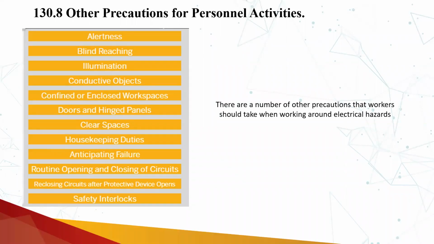Anticipating failure is related to a qualified person: when he is interacting with any electrical equipment, he should anticipate what could go wrong. He should know about the condition of the asset, and when the asset was maintained, whether the asset was maintained over a period of time or not. So he should anticipate those failures, whether there is some evidence of impending failure or not. Routine opening and closing of circuits.